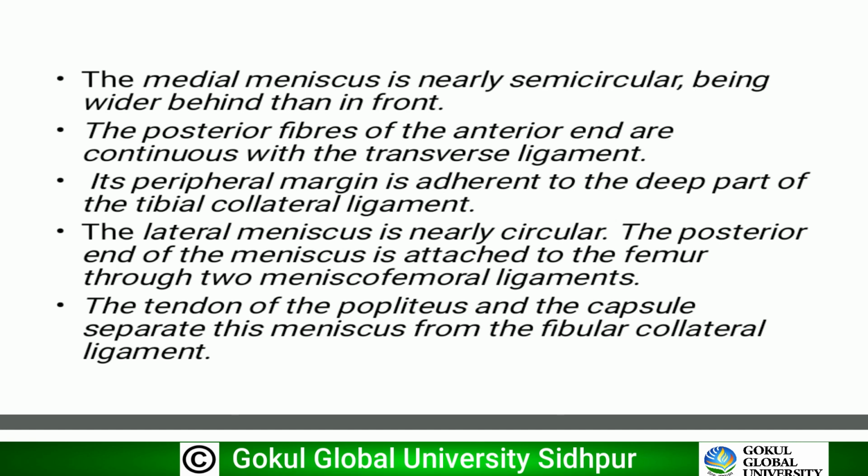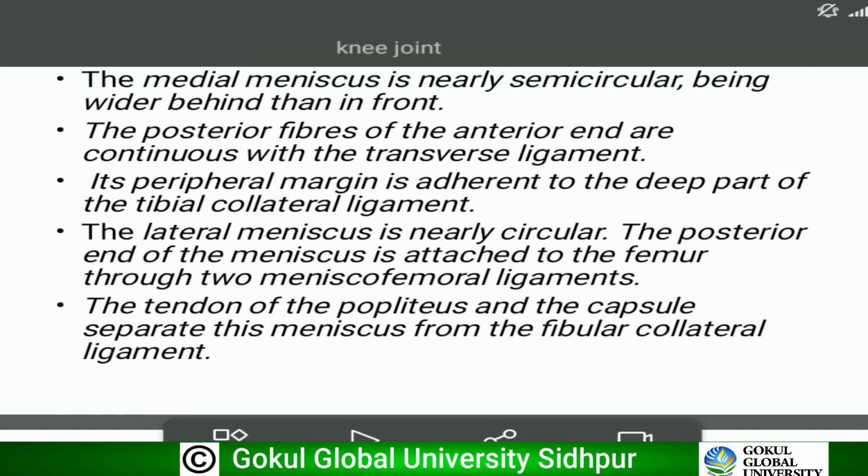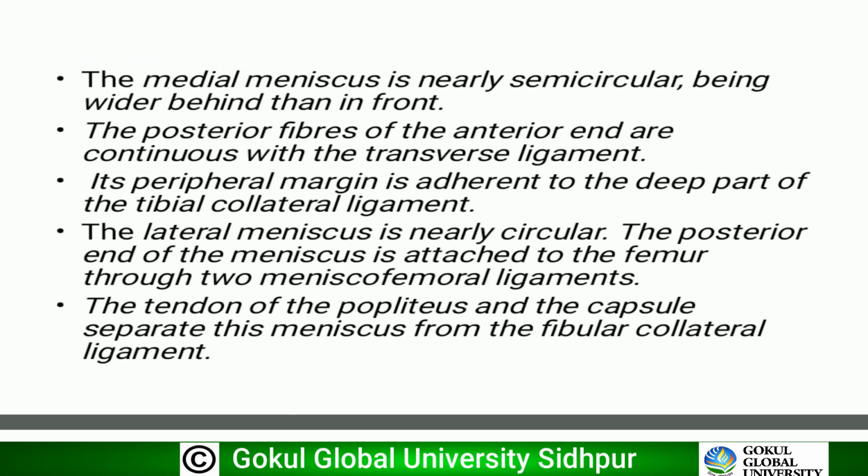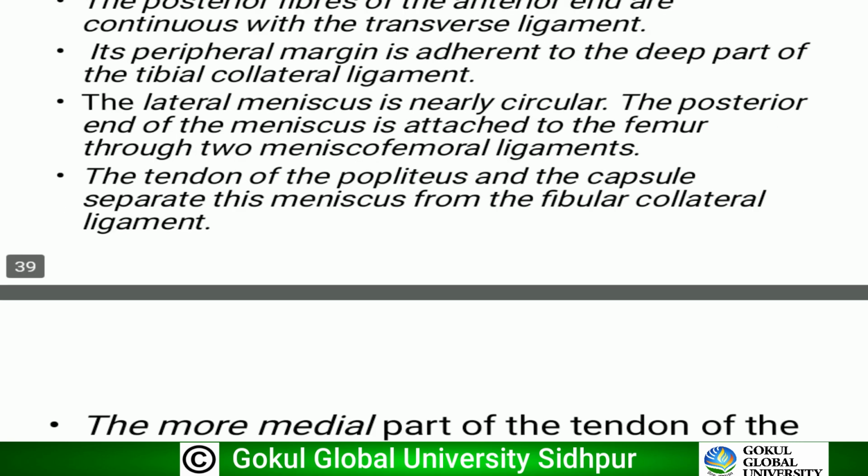Its peripheral margin is adherent to the deep part of the TCL, tibial collateral ligament. The lateral meniscus is nearly circular. The posterior end of the meniscus is attached to the femur through the meniscofemoral ligament. The tendon of the popliteus and capsule separate this meniscus from the fibular collateral ligament.